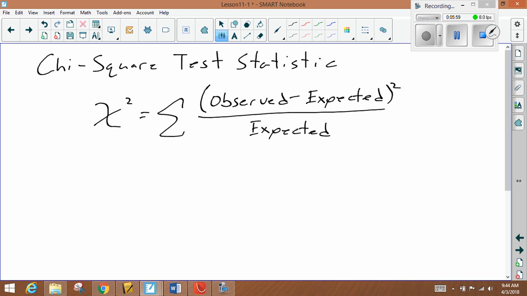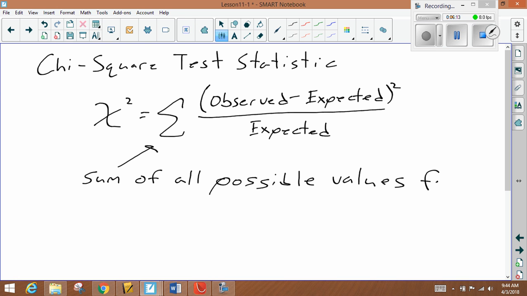Okay? This is the sum of all possible values. And that's where we use chi-squared the most, right?